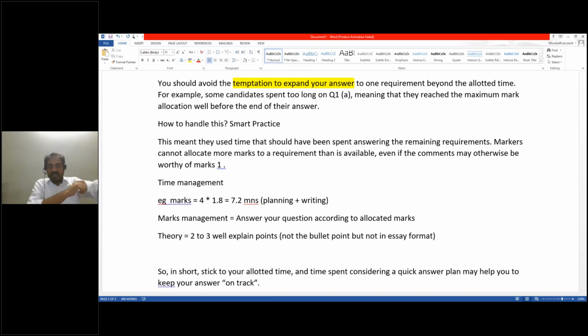And do remember, for all ACCA professional exam papers, number 1 knowledge, number 2 application, is equal to a complete answer.